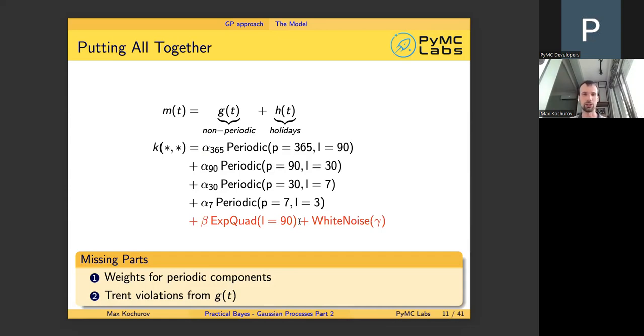They deviate in some way, and this deviation can be represented with an additional kernel, like exponentiated quadratic, and the observation noise can be modeled with yet another white noise kernel, which just adds a diagonal to the whole covariance.